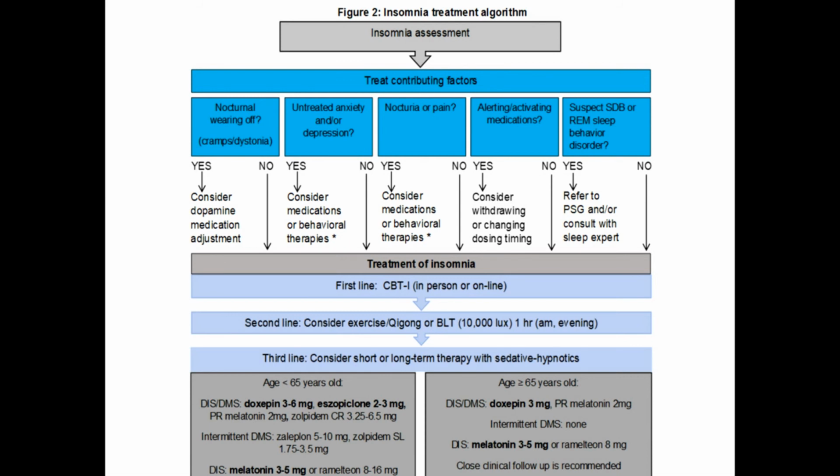And we highlighted which medications have specific data for Parkinson's disease. In areas where we couldn't find sufficient evidence for Parkinson's disease, we used the existing evidence from patients who just have insomnia disorder without Parkinson's. But this is basically a guide tool for providers of what to do with insomnia and Parkinson's.